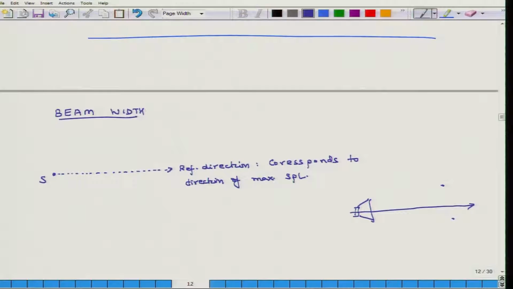Going back to the example of the loudspeaker, the sound is going in a particular direction, in the shape of a kind of beam. We want to define how wide that beam is.